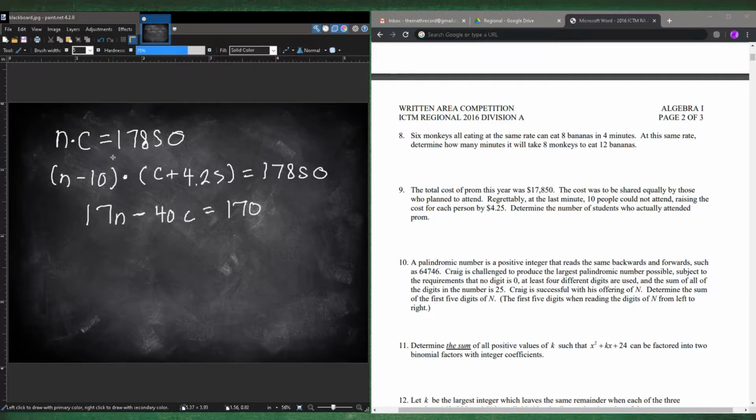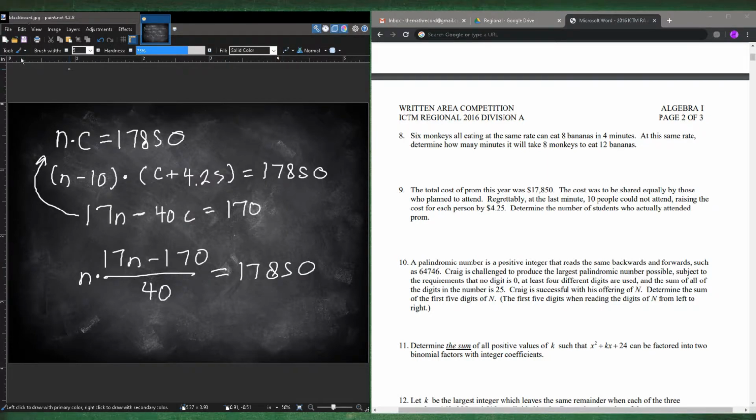So what we need to do now is substitute this equation into this, right? Let's substitute for c, because we want to find n. So c is equal to 17n minus 170, divided by 40. So n times c, so n times this number, is equal to 17,850.